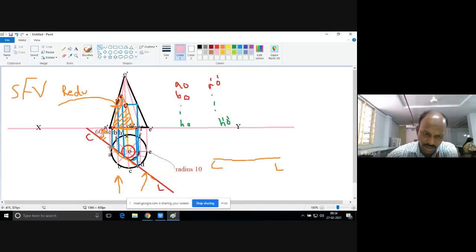You draw one perpendicular like this, and one more perpendicular like this, a third one like this, and one more perpendicular here. Are you following? These lines are perpendicular to the CL cutting line. Are you following? Yes, sir.